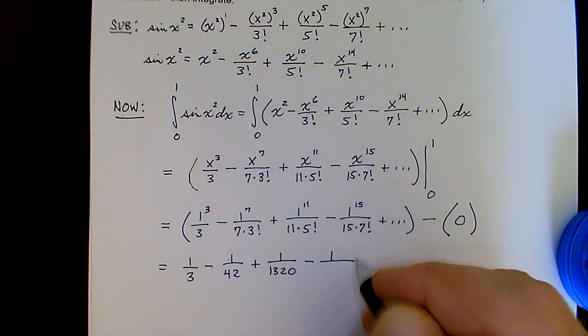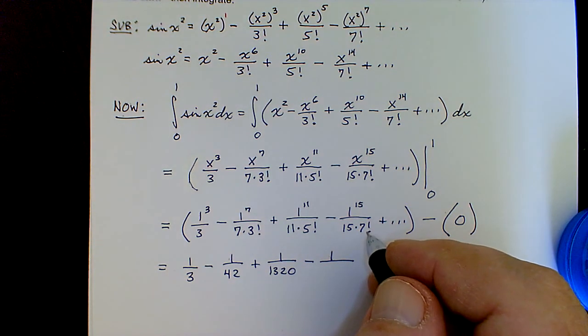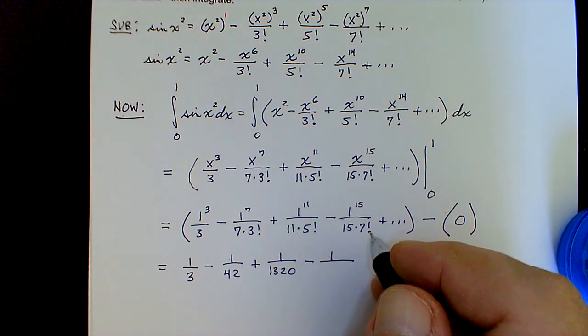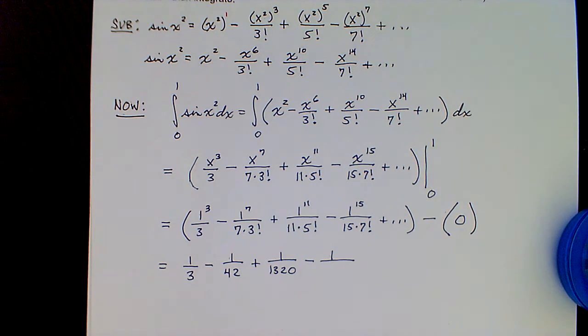minus 1 over, okay, 7 factorial is a big number. Let me see. Oh, 5,040. Let me double check that. I knew that.